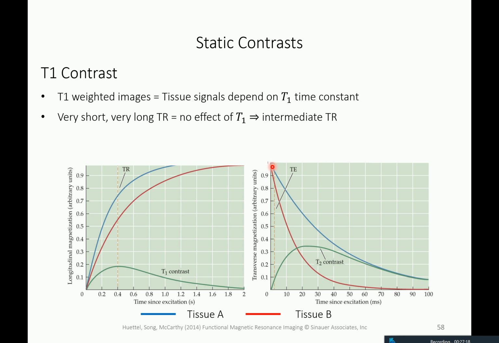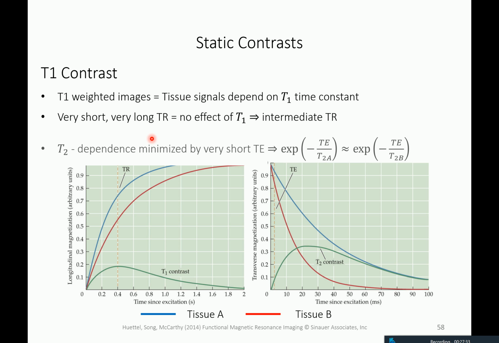And then with the TE, you again are interested in the signal that you measure at the time that you tip it, right? So you take an intermediate TR, but you minimize the dependence of the signal on TE by having the signal acquisition right after the tip.